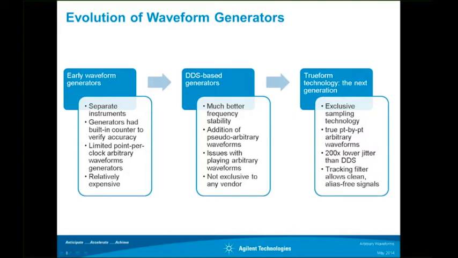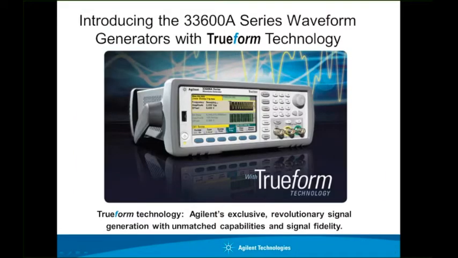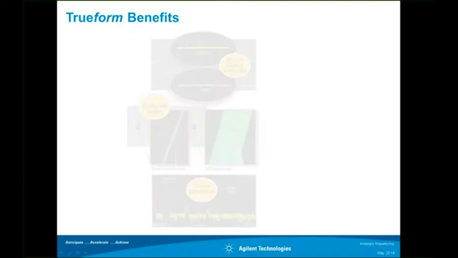So let's go ahead and introduce the 33600A series generator. This does have Trueform technology, and this product actually just came out a few months ago, so it's brand spanking new. But it does have that exclusive Trueform technology built in.